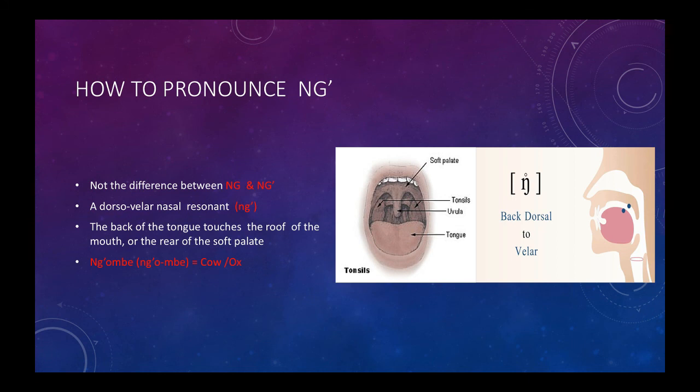So NG sounds as in sing, ngozi, but by just adding an apostrophe on NG, it becomes more nasal with a different sound, ng'a, as in sing. Pronouncing NG with an apostrophe, the back of the tongue touches the back of the palate. Example, ng'ombe. Ng'ombe means cow.